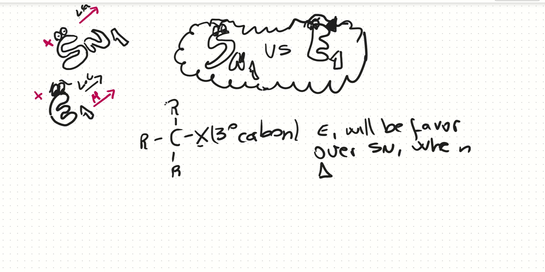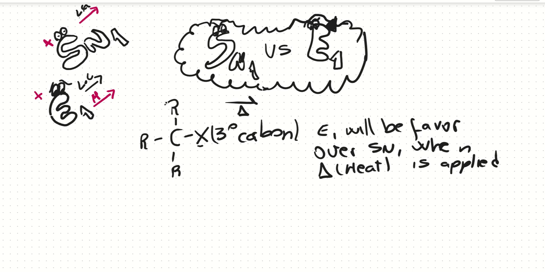So if you see the symbol in the reaction like this, or they write down heat, you know that elimination will be favored.